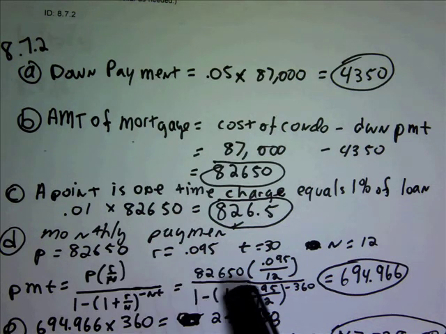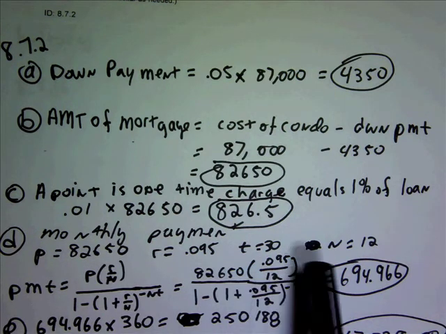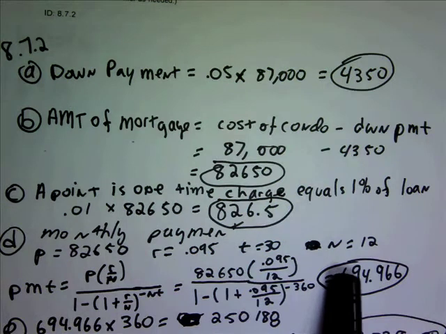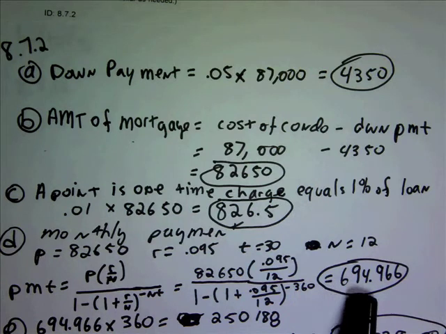So you plug into our formula here, and I get $694.96, and they ask you to round to the nearest whole dollar.